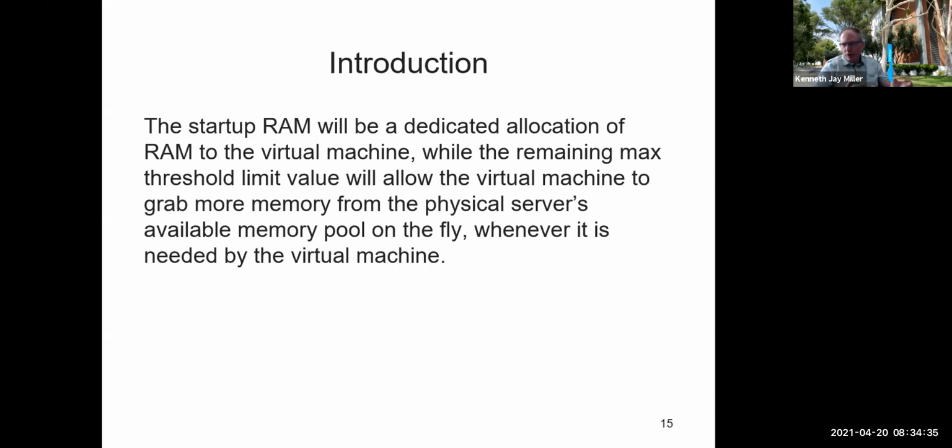So if you have 4 virtual machines running on your host, and one of them's not doing a whole lot at that time, it can give some memory to another one. And then when it needs it, it can get it back, or someone else will give it. Okay. So that's what the dynamic memory is.